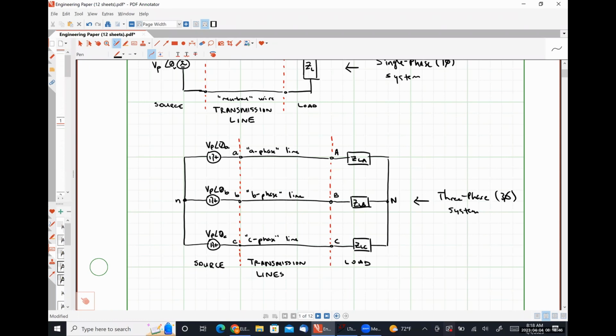So having all of these different terminals labeled like this allows us to use a double subscript notation for voltages and currents.